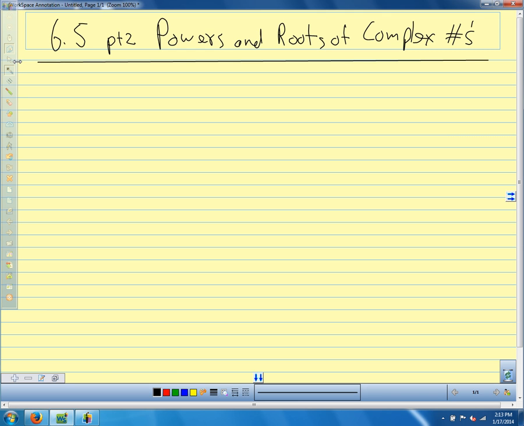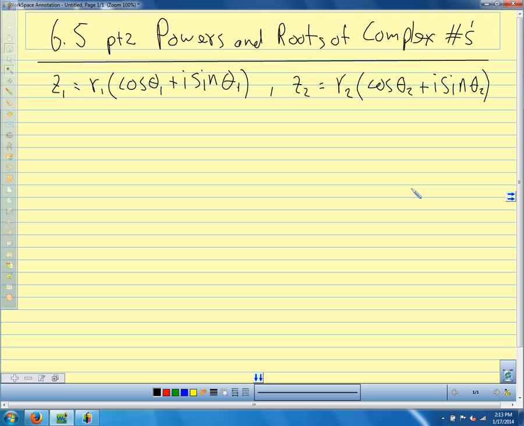So let's say, just as a reminder, yesterday for multiplication, we said if z1 was r1 cosine theta 1 plus i sine theta 1, and z2 was r2 cosine theta 2 plus i sine theta 2, that when we multiply these two, z1 times z2, we got this really nice way of multiplying these complex numbers.